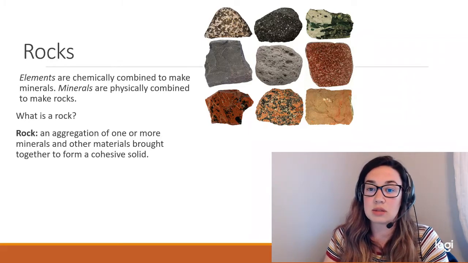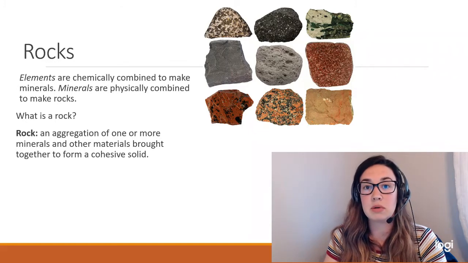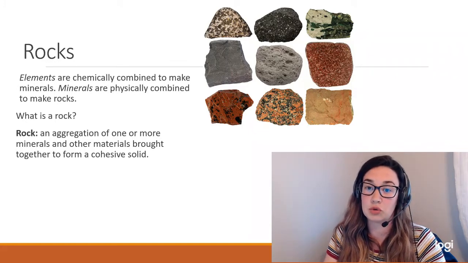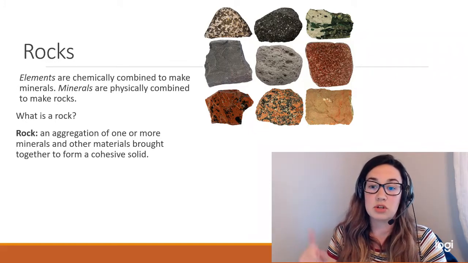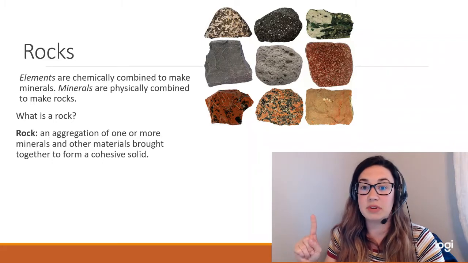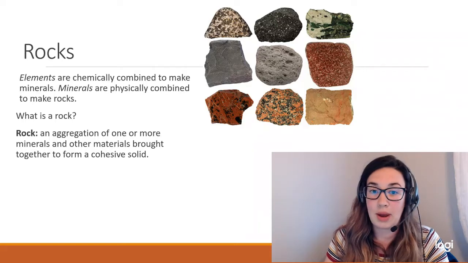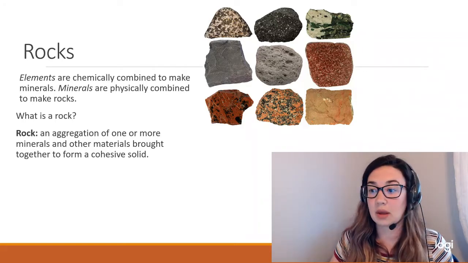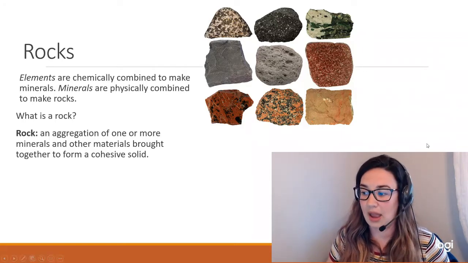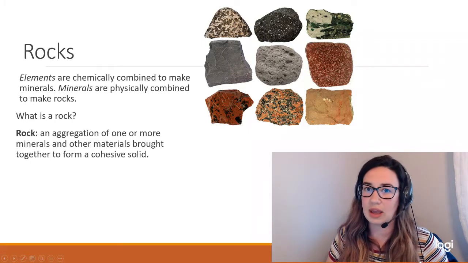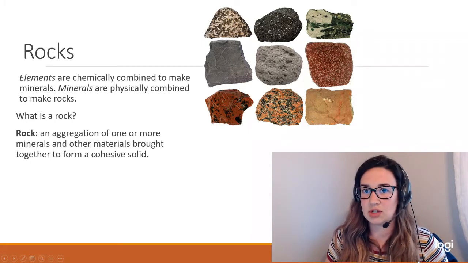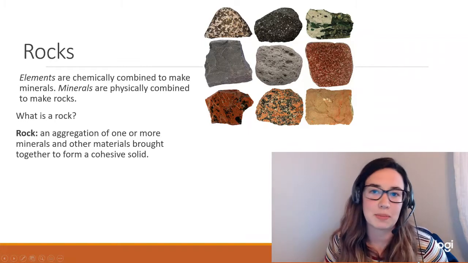So you'll see rocks that have several different types of minerals, a different mineral makeup depending on which rock you're looking at. These are just some examples above me of different types of rocks we might see. And we'll talk a little bit more about some different categories of rocks. Hopefully this is a review for you again, but we're just going to touch on it to refresh your memory.